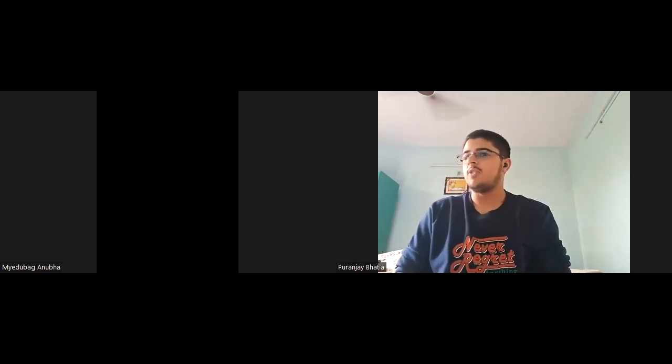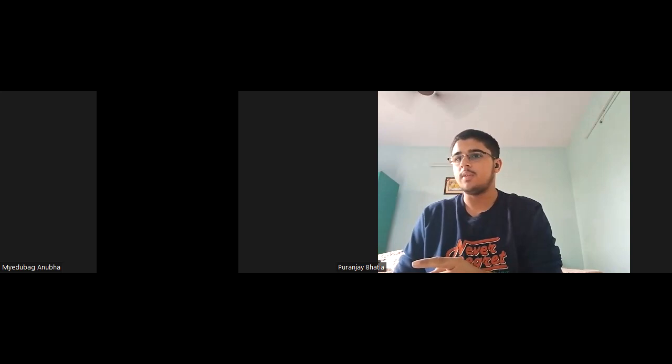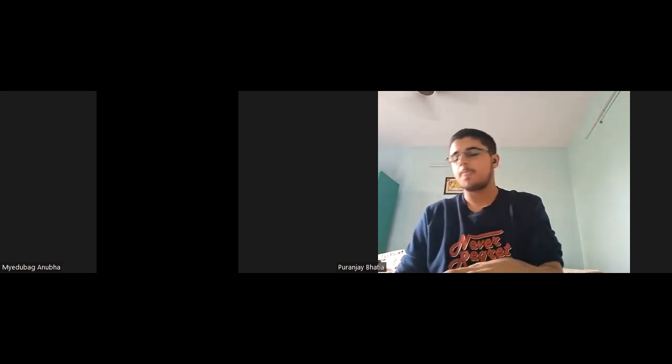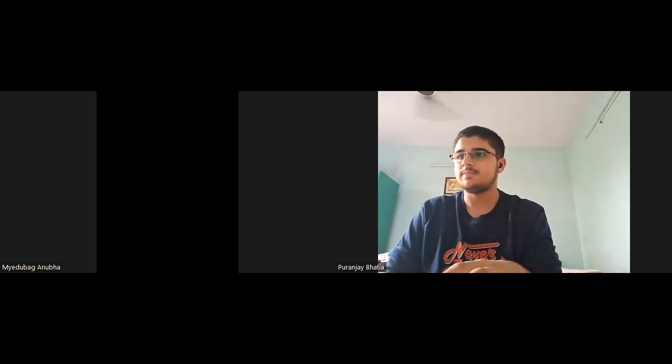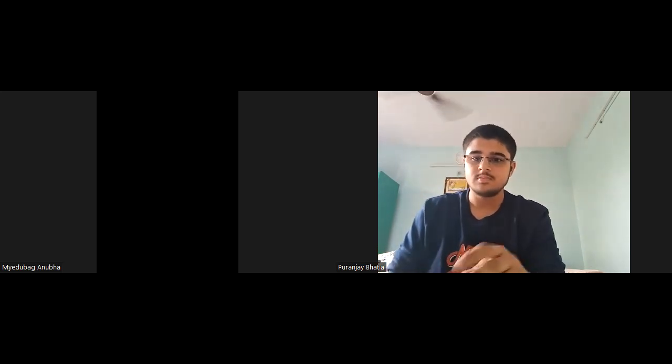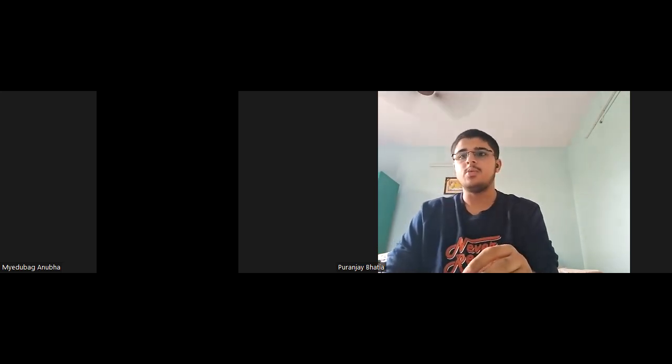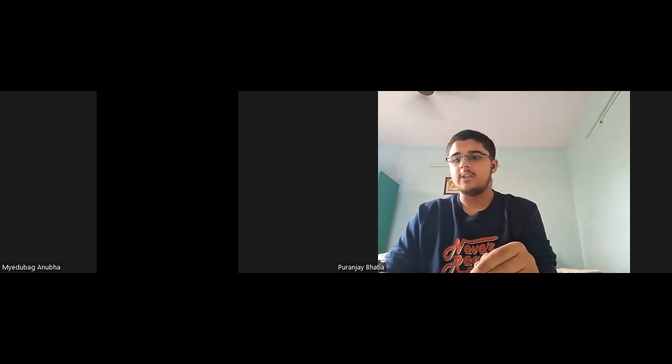The element helium has the highest ionization potential, while cesium has the lowest. Why is it so? Let me repeat the question. The element helium, which is a noble gas, has the highest ionization potential, while on the other hand, the cesium metal has the lowest. Why is it so? Because as we move down the group, the ionization potential decreases.